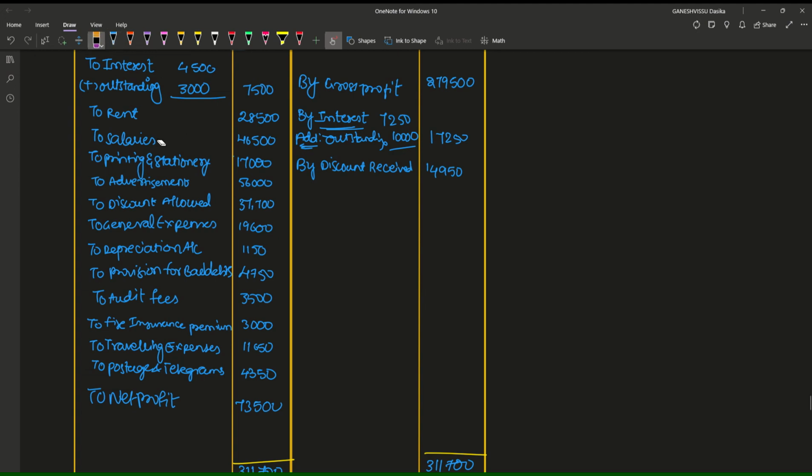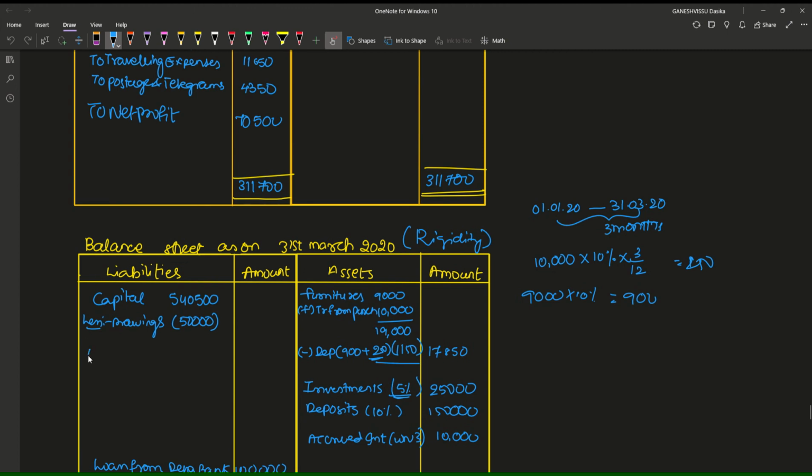So I have taken 3,000 extra, so 70,500 will be the answer. Plus 4,350 plus 70,500, 3 lakhs 11,700.